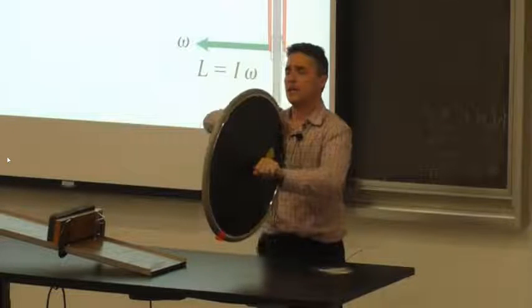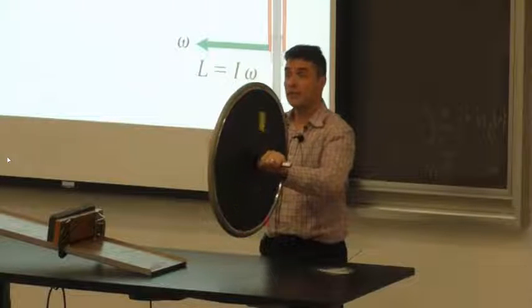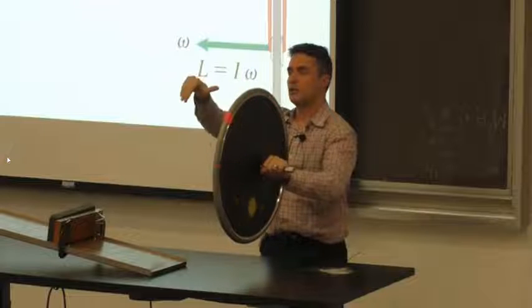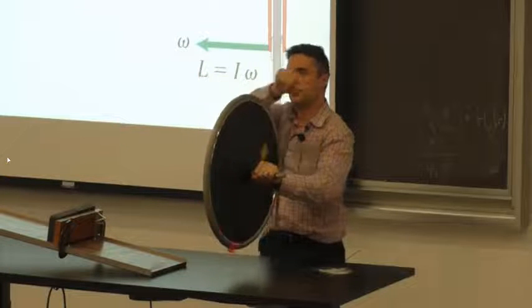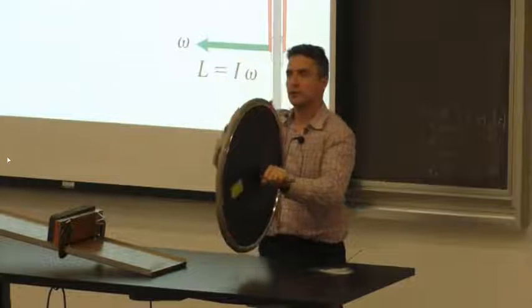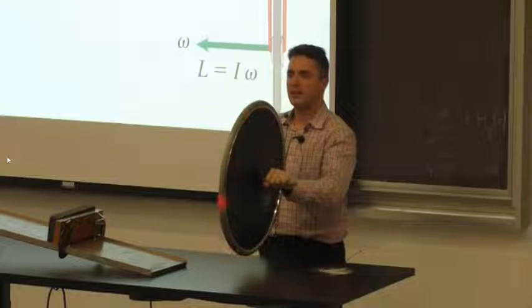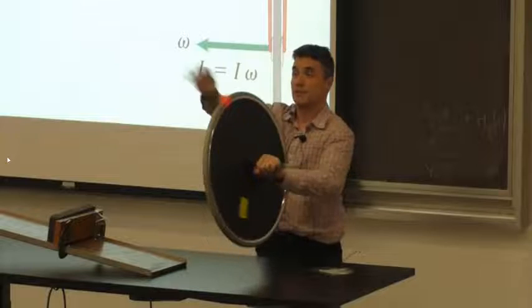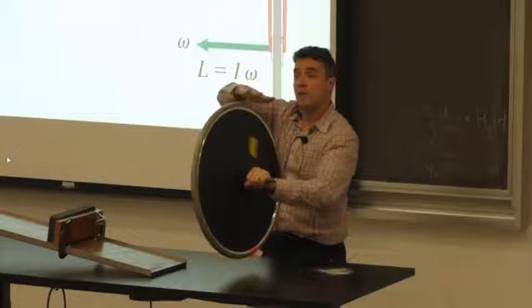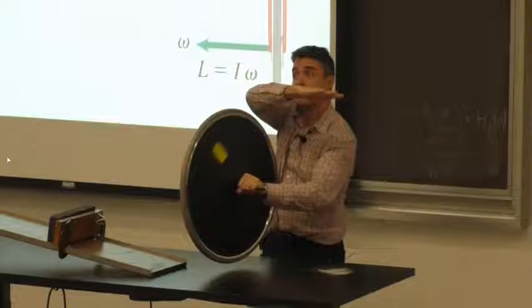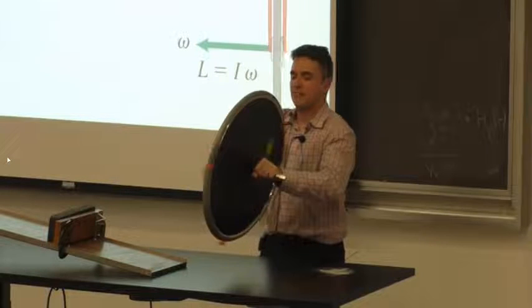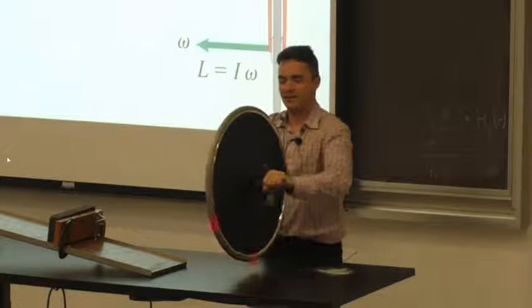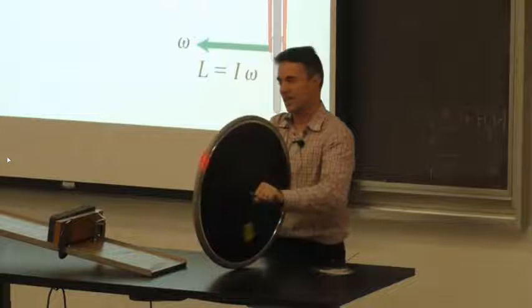If you give it a little bit of rotational momentum, and you can use your right hand to figure out which way that is, it's a little bit to the right in this case, then gravity will tilt it a little bit, but it wants to straighten itself out. And the faster it goes, the more the rotational momentum is, and so the torque of gravity does less and less to actually change that.